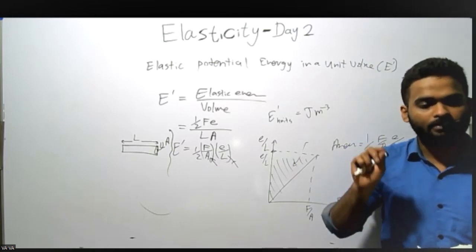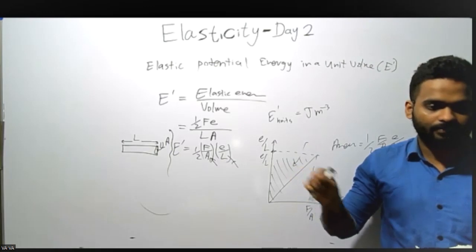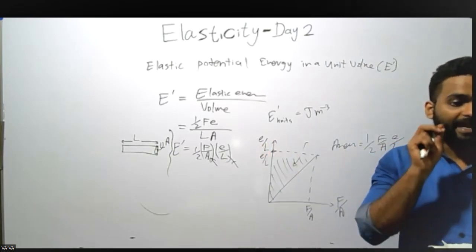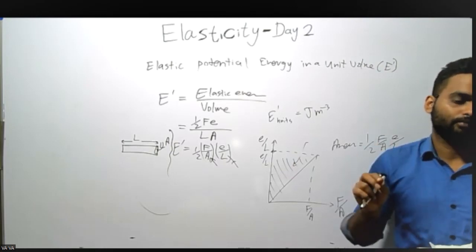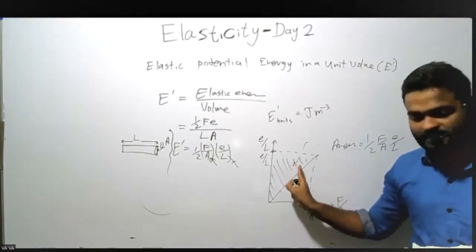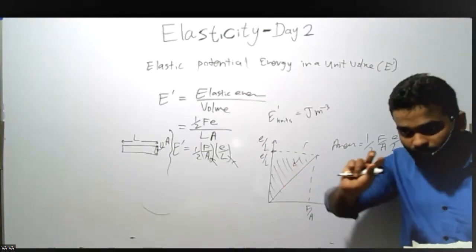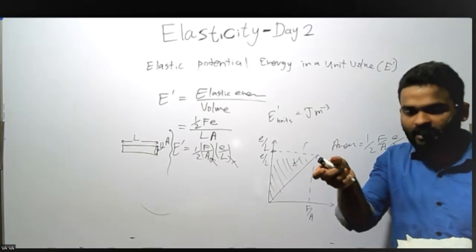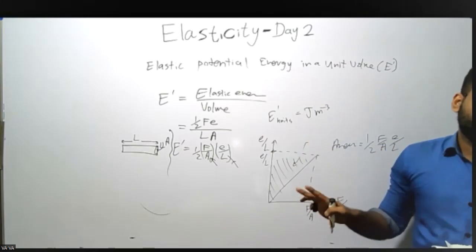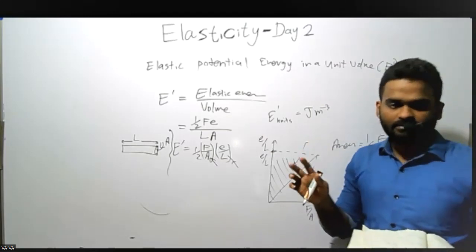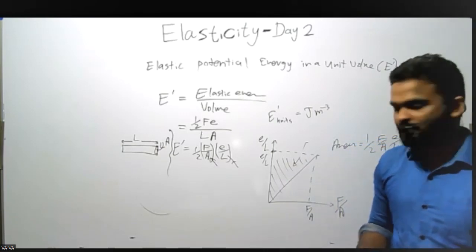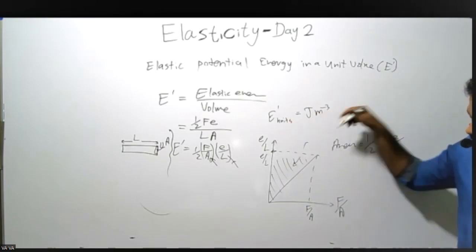From a stress strain graph, we get the energy per unit volume. Understand the difference, right? From this graph, we get an energy per unit volume of the material that the wire is made of. But from a force extension graph, we directly get the energy, the amount of joules. Okay, write this stuff.